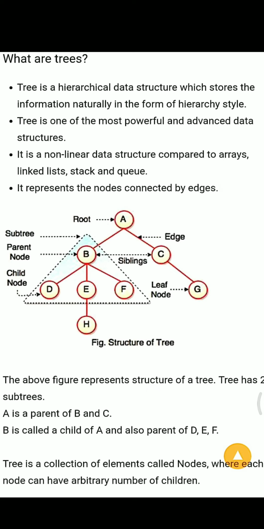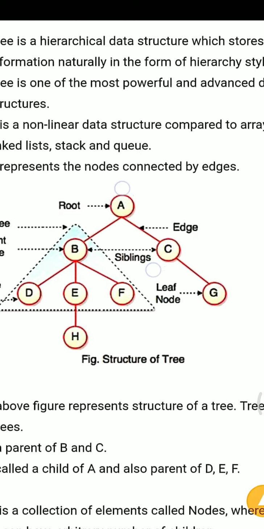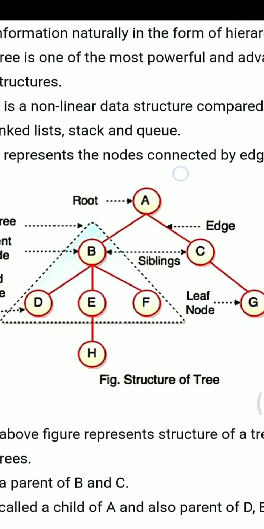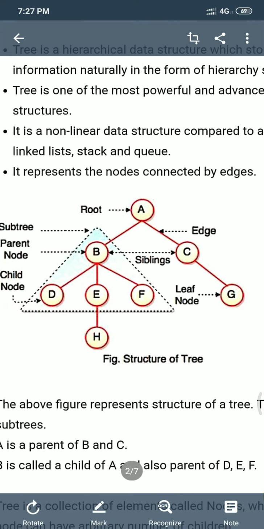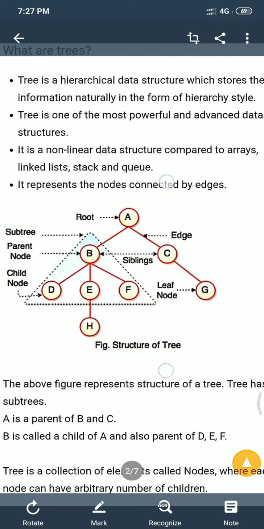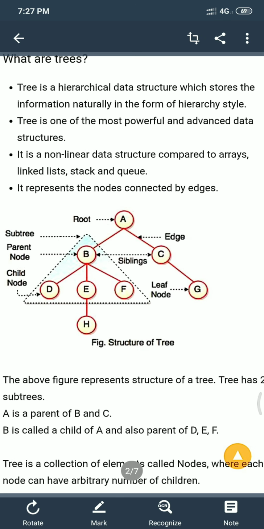So let us define or name these nodes. Everything in the diagram, A, B, C, D, E, F, G, H, are all nodes, and you may have a doubt: what is a node?